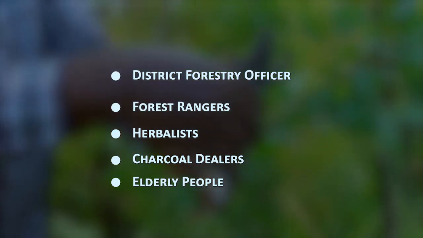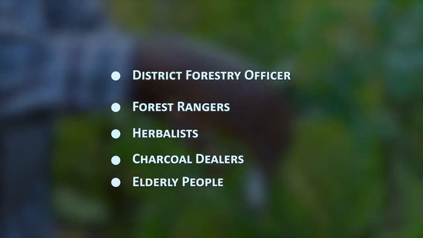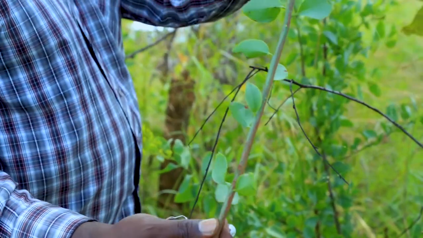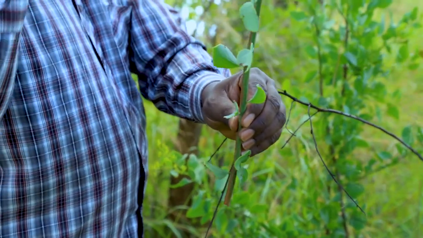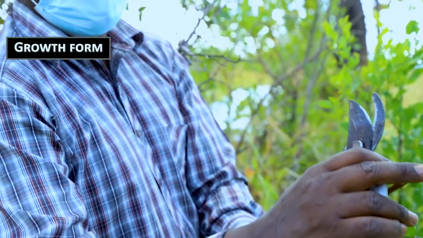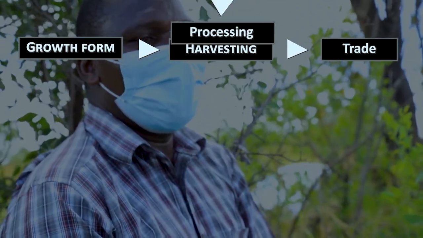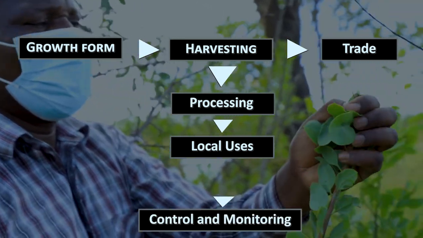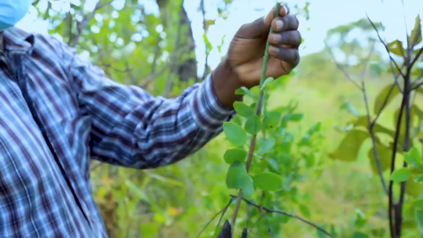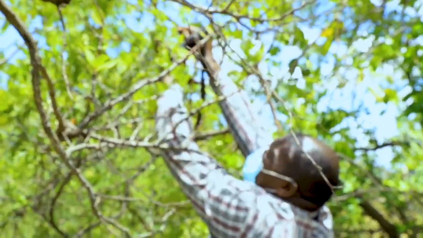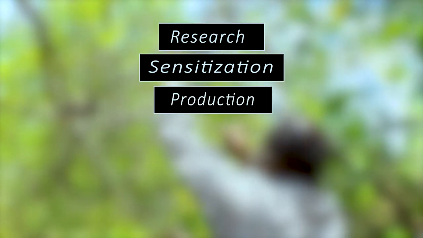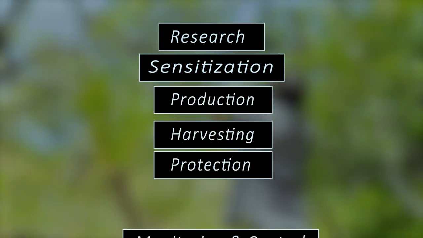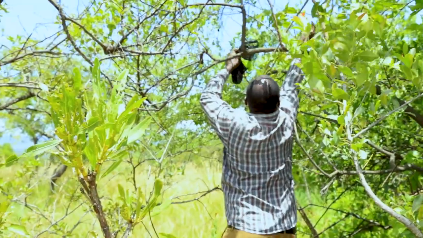A systematic review and synthesis of information from technical reports and research articles with a focus on sandalwood, majorly within the Eastern African range states, was conducted to understand the growth form, harvesting, trade, processing, local uses, control and monitoring of sandalwood, and the legal and institutional provisions that guide and aid research, sensitization, production, harvesting, protection, monitoring and control of trade in the species.